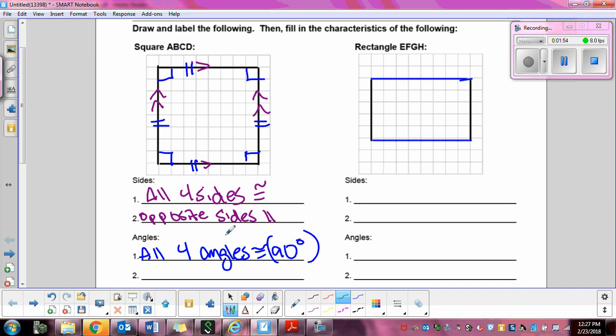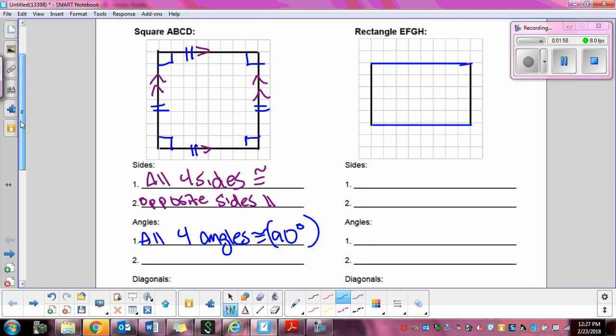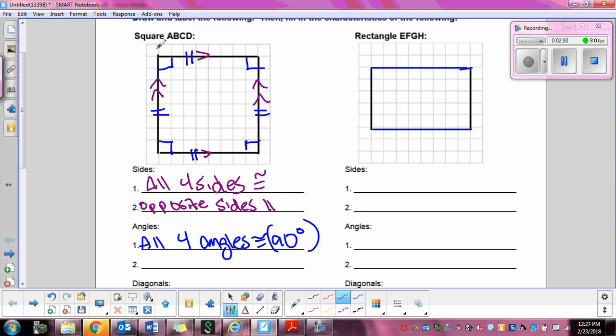Also, we know that consecutive angles, which we're going to look at for all these quadrilaterals, which means the ones that are next to each other, are supplementary, which means they add up to equal 180.